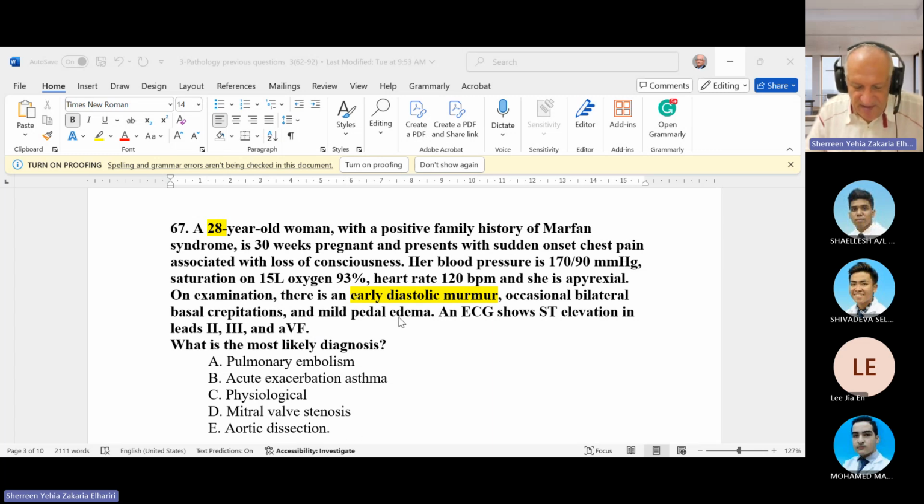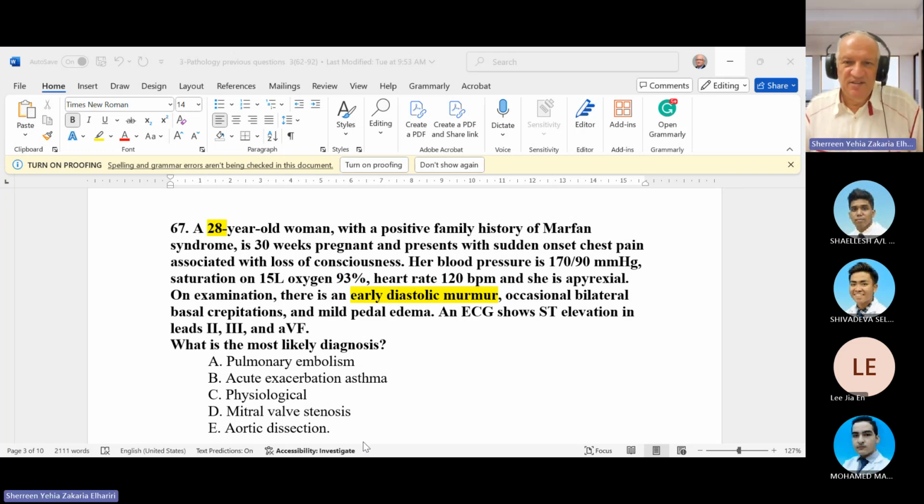But this picture mimics aortic regurgitation, because in aortic regurgitation they also have an early diastolic murmur. So this mimics aortic regurgitation, but the cause here, because of Marfan, is aortic dissection. Of course, aortic regurgitation is not among the options, but suppose I remove aortic dissection and write aortic regurgitation, it is the correct answer.